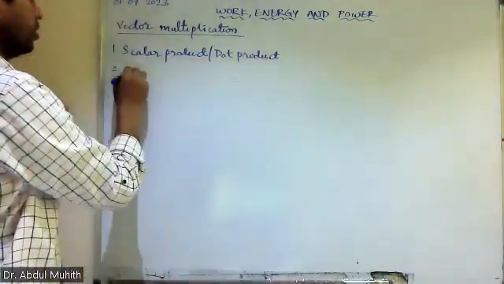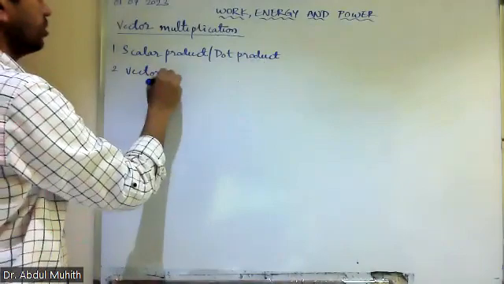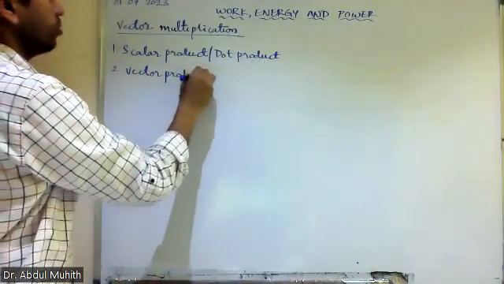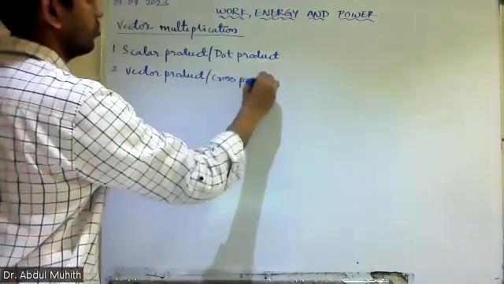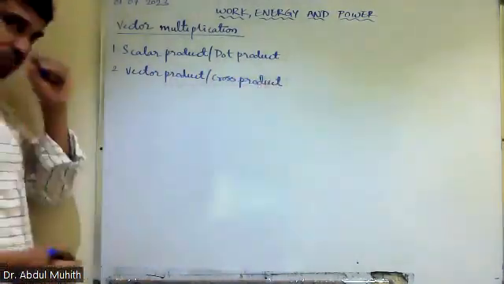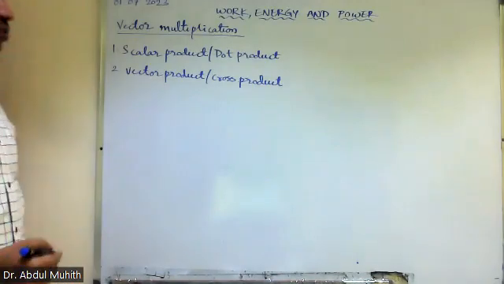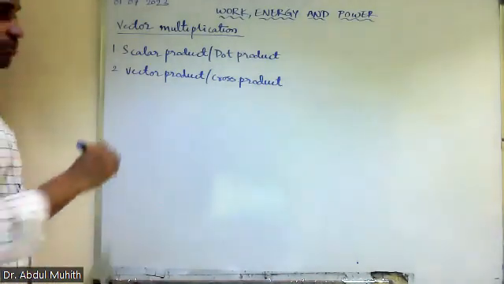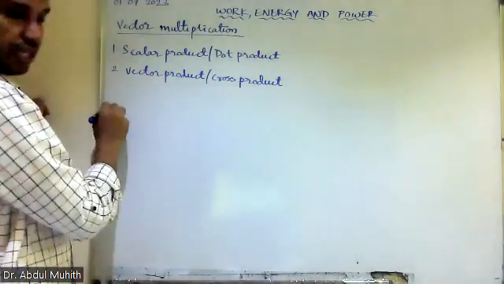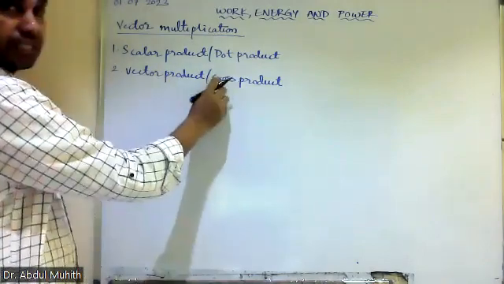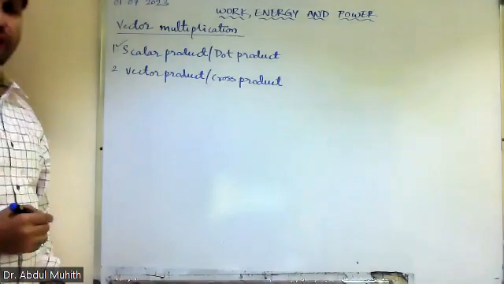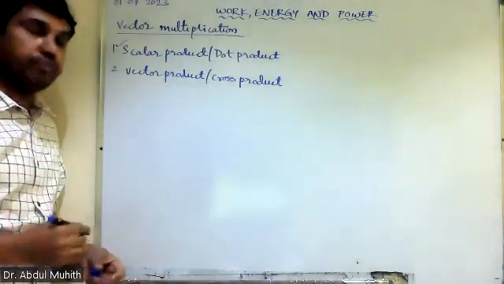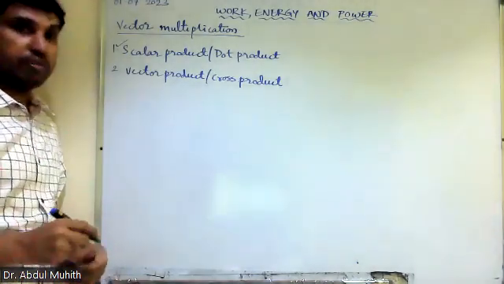Second one is vector product, or cross product. Okay, scalar product or dot product, vector product or cross product. So here we start with the dot product. We are going to only study the scalar product. Vector product is in the next lesson, the rotational motion chapter.